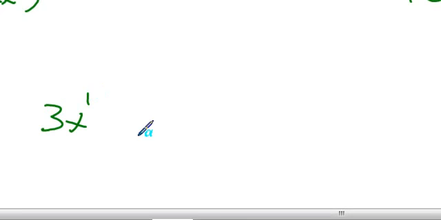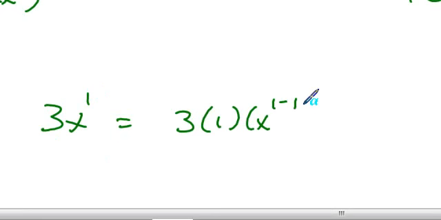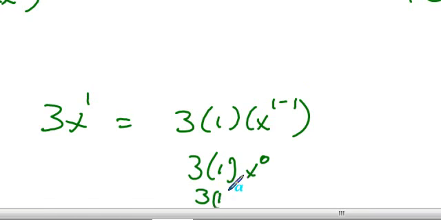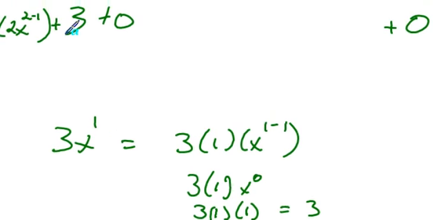Using the power rule, 3 times 1 times x to the 0, and x to the 0, believe it or not, is nothing more than 1. So the derivative of that piece is nothing more than 3, and that's why we know if I have 3x or any leading coefficient, the derivative of that piece is going to be 3.